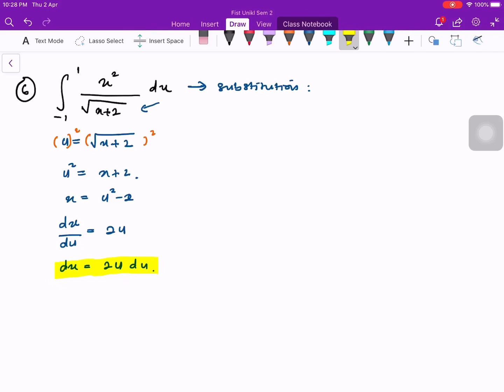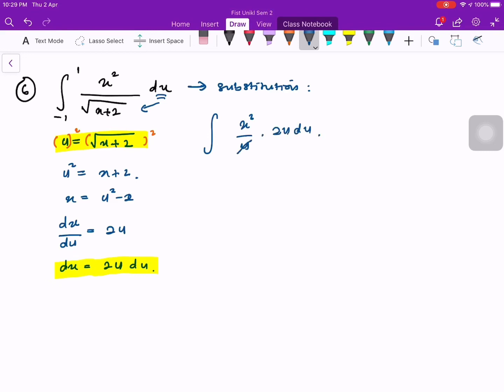And here we just substitute square root of x plus 2 with u. Therefore we are going to have integral of x squared over u, yang ini kita gantikan dengan u. So dx here kita gantikan dengan times with 2u du.